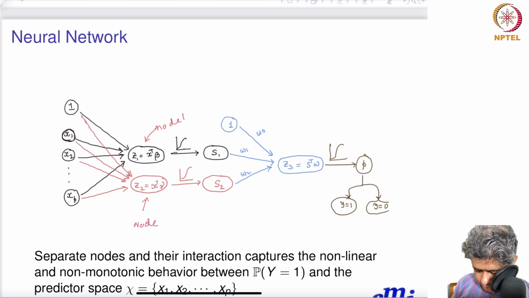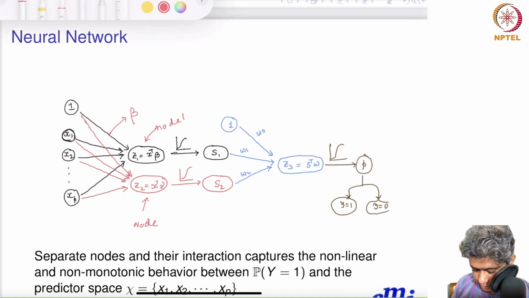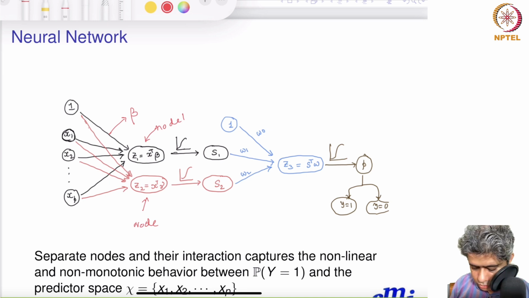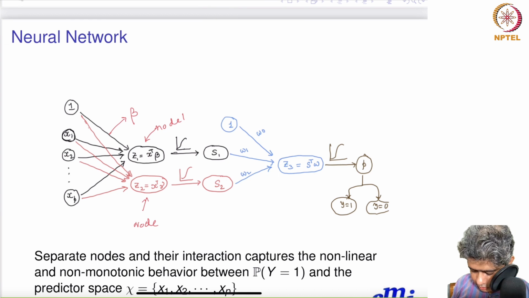The earlier coefficients were betas, but since these are different nodes, we use a different color. These coefficients are called gammas, so different weights. That gives me two different nodes, Z1 and Z2.